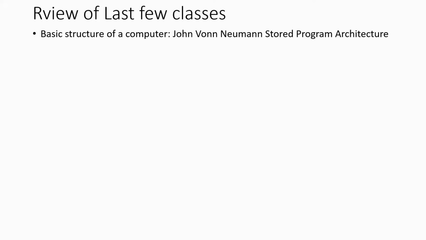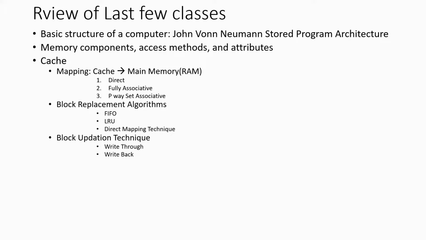We have seen the basic structure of computer, that is John von Neumann stored program architecture. Then we understood what are the various memory components, its access methods, and its attributes. One of the memory component is cache. We had talked about its mapping with the main memory.